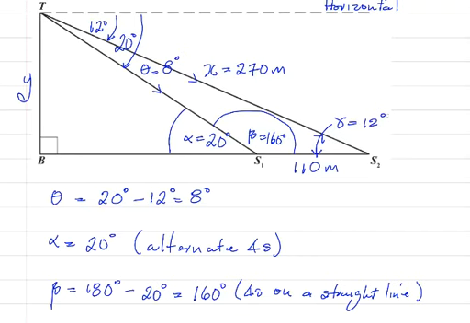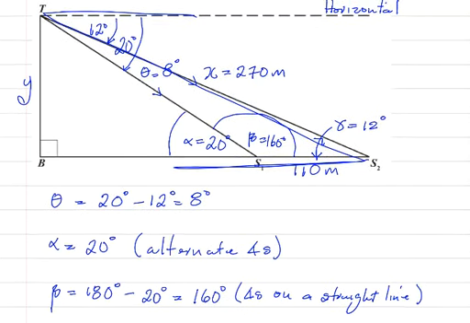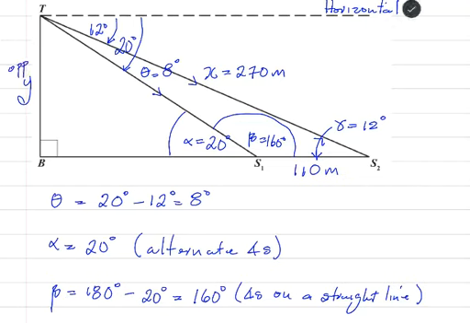That angle there is equal to 12 degrees, and again, alternate angles, sometimes referred to as Z angles. So if the angle up here is 12, the angle down there is 12. They're alternate angles. Then the side y is opposite to the 12 degrees, and x, the 270 meters, is the hypotenuse.